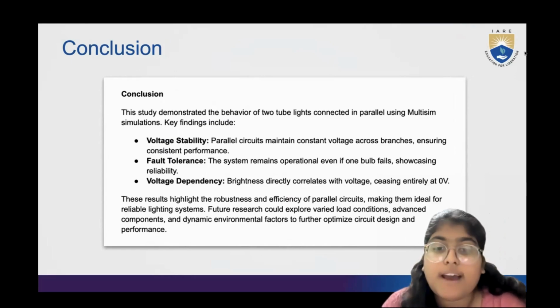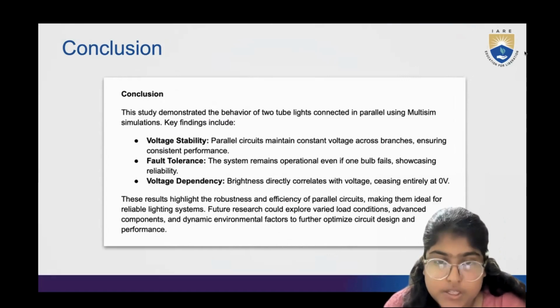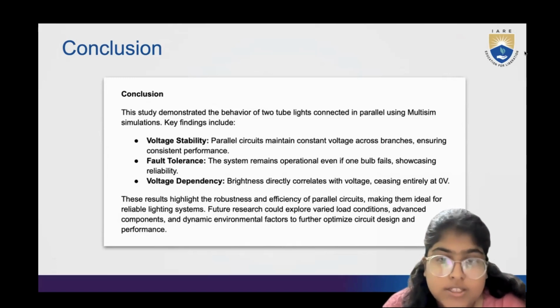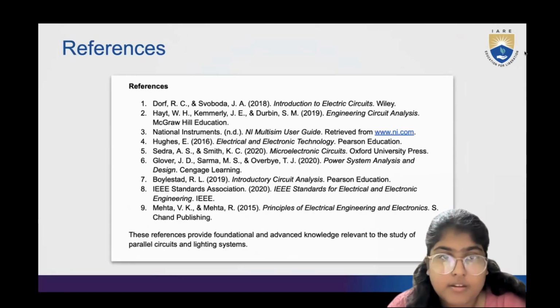This study not only validates fundamental electrical principles but also offers a strong foundation for further research and application, in designing resilient and efficient lighting systems. It is a reminder of how even the simplest concepts in engineering can have profound implications in our daily lives.